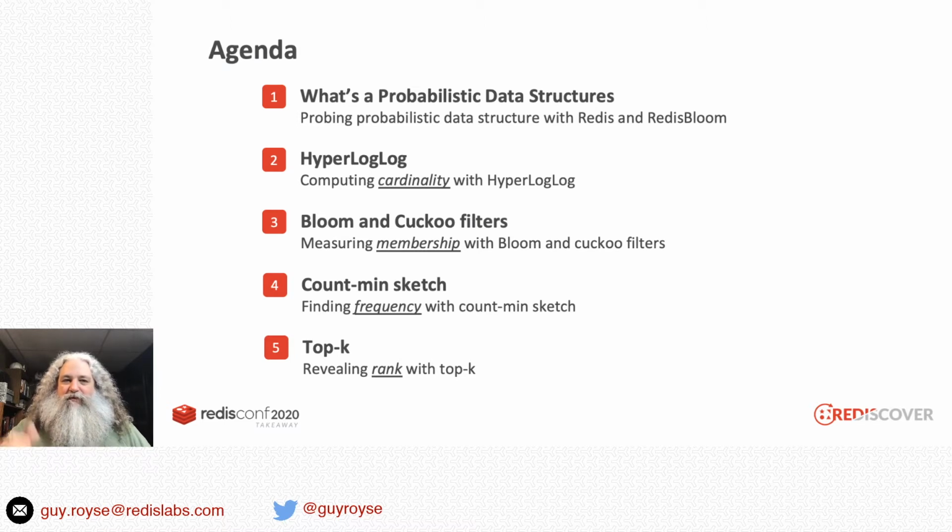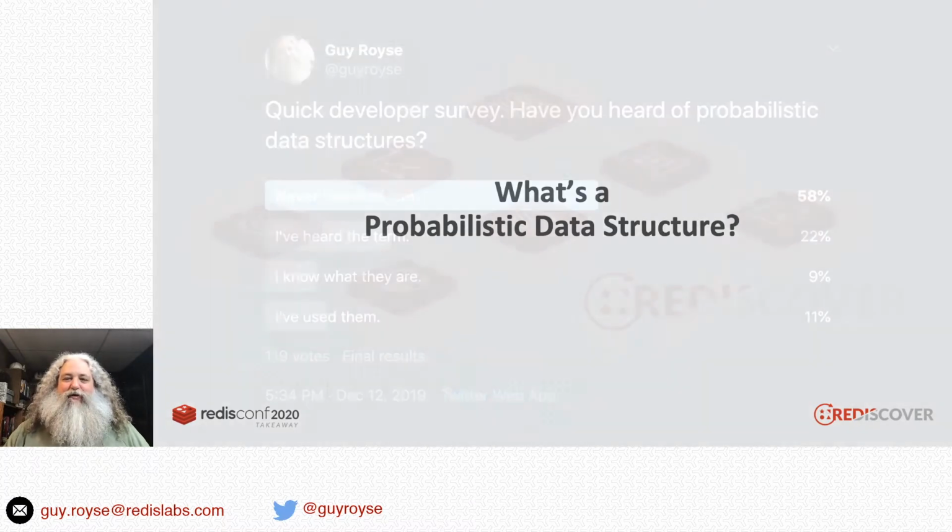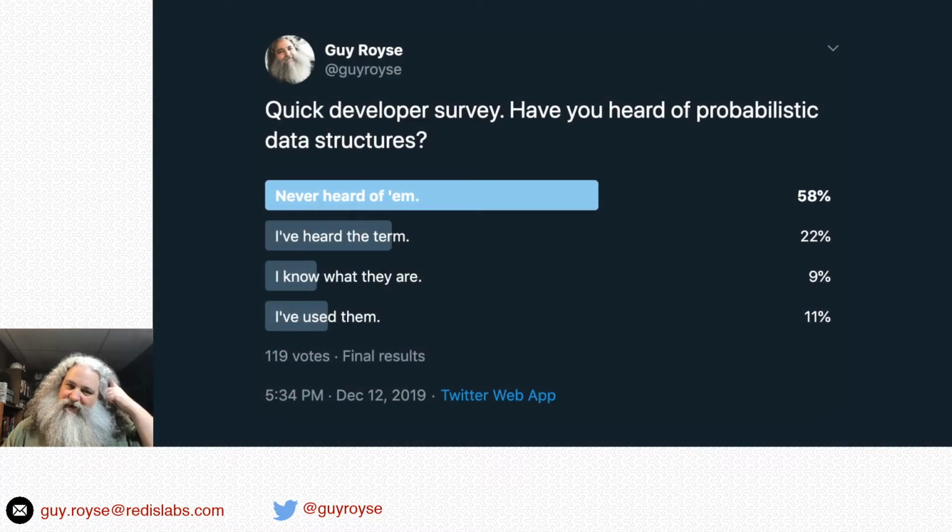And so with that alliterative agenda done, let's move on to probably the most important thing: what is a probabilistic data structure? Well, a lot of people, as it turns out, have this question. I did an informal survey on Twitter and asked everyone, quick developer survey, have you heard of probabilistic data structures? 58%, by far the majority here, have never heard of them. 22% had heard the term before, and that was it.